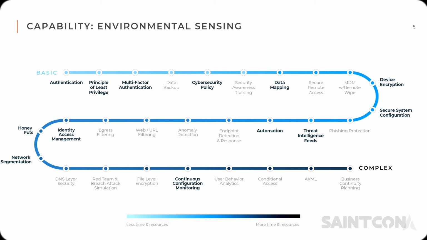So environmental sensing, I'm sorry, this entire slideshow is just that. Environmental sensing is the way that you can measure the effectiveness of all these controls that you've put on your continuum. You're able to say, yes, we are enforcing authentication at these points. Yes, principle of least privilege.